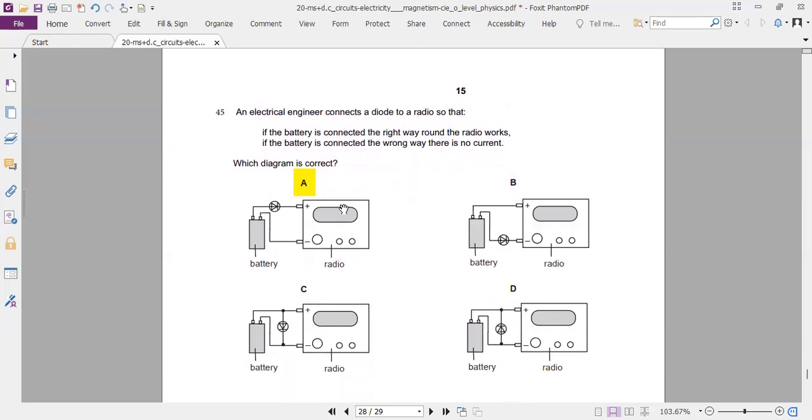So in here, which circuit is correct? Battery is connected the right way, radio works. So battery, diode. If the battery is connected the wrong way, there is no current.